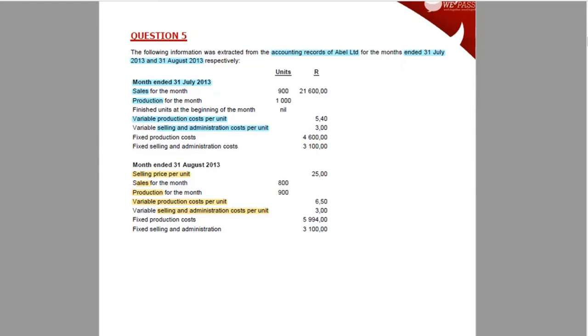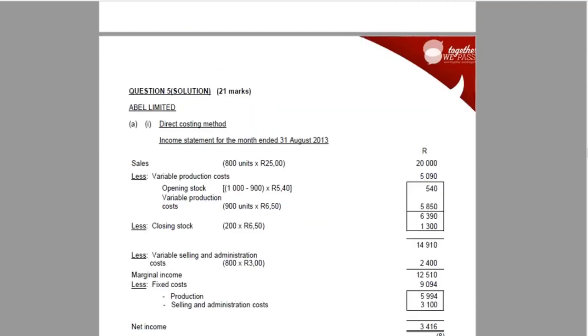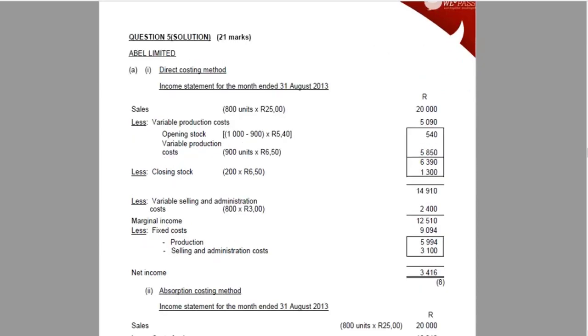We'll look at part A, which is asking you for the direct costing method. So first of all, before you attempt the question, you always have to start with your income statement structure. How will it look? You know that before you start putting in the answers, you have your structure. You put in your sales, then variable production costs, opening, variable, then your closing stock.